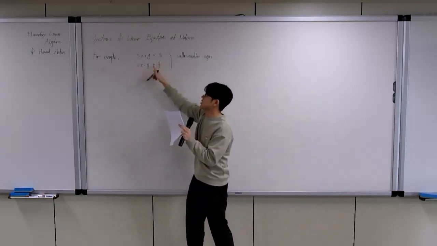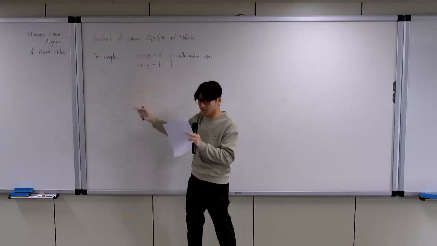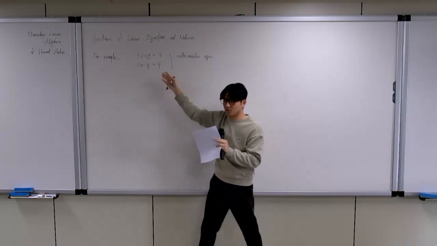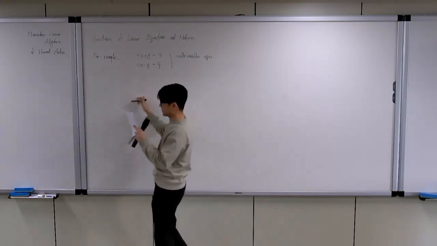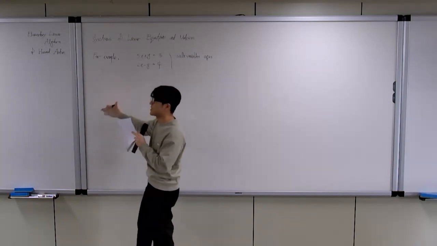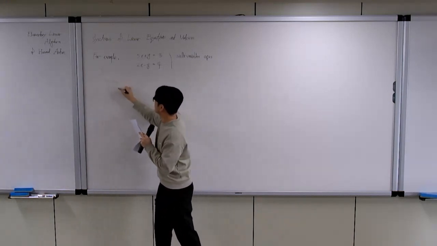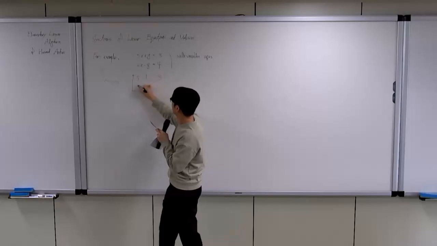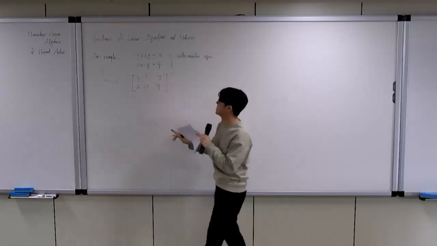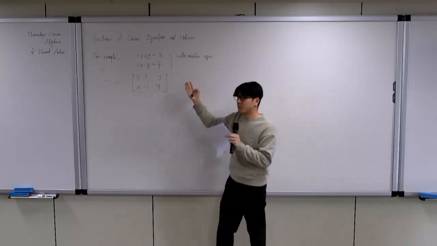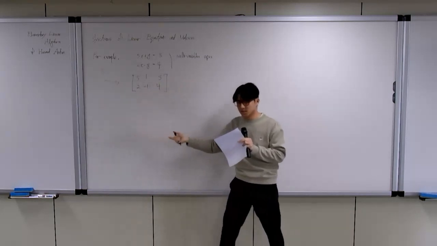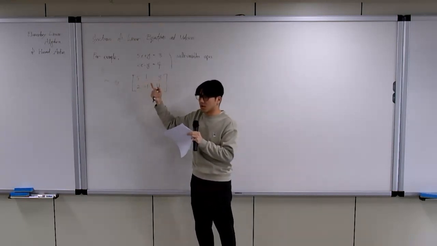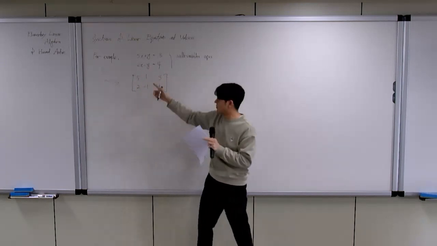So this equation will be called a linear equation, and some linear equations together are called a system of linear equations. Finally we will represent this in a form like this. This representation is a matrix, and a matrix needs just the coefficients of these elements.